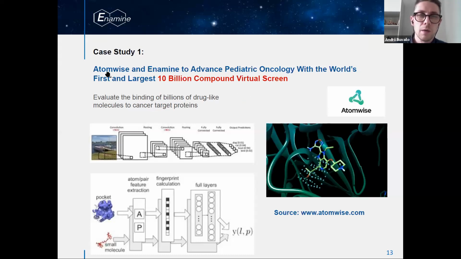And the interesting part about Atomwise is that they use a so-called convolutional neural network, AtomNet. The idea is that, like in image recognition, for example, the network first sees the image as a number of pixels with different color attributes, and then it starts convoluting it, understanding first the different color regions, then edges, then shapes, and then the whole objects.